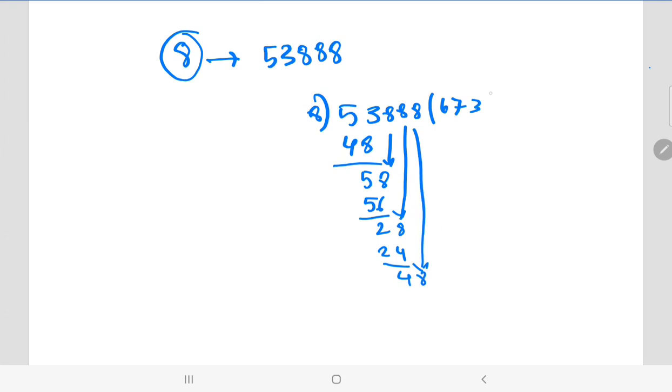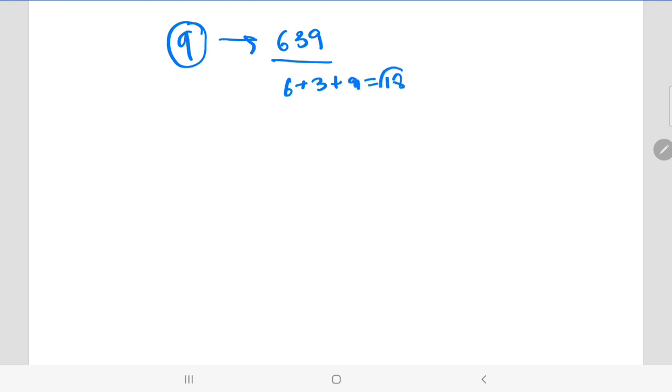Bringing 8 down. Again 8 6s are 48. So the remainder over here is 0. So students, the divisibility rule for 8 is, whenever the last 3 digits of a number are divisible by 8, then the whole number is also divisible by 8.